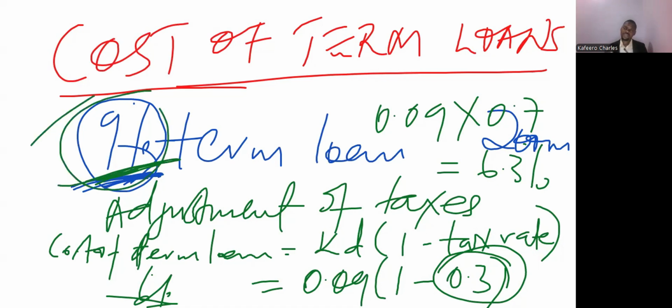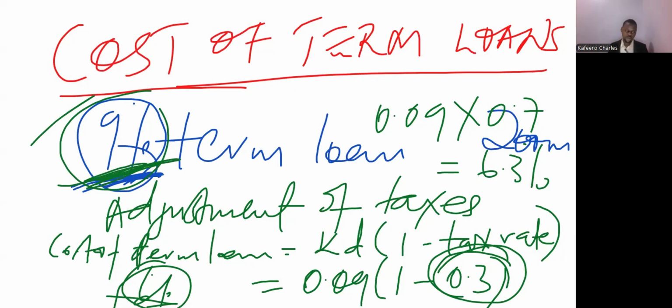But remember, we said interest on debt is tax deductible. That's why we first adjust for the tax and we take the 6% rather than the 9%. We get it from the argument that interest on debt is tax deductible.